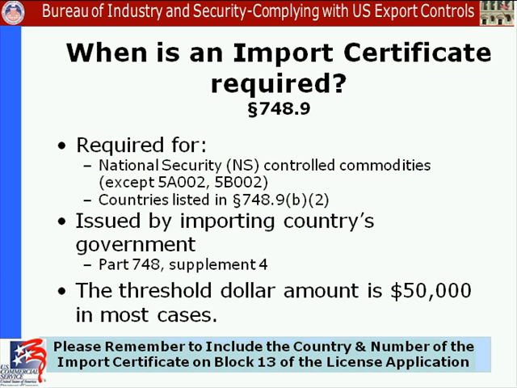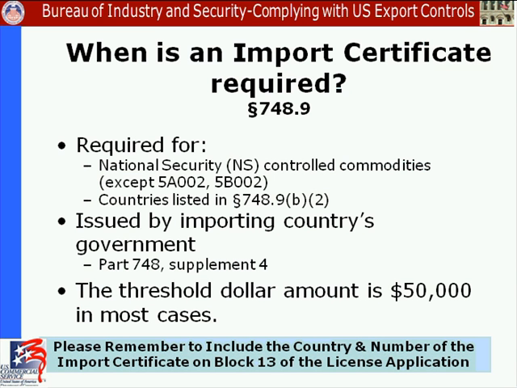And these are the countries that are participating with the U.S. government in this International Import Certificate program. Basically, the import certificate is a way that government, as well as the U.S. government, is verifying exactly who is using this item, where they're located, and what they're going to do with it. Again, that's important because, remember, the item in question is controlled for national security reasons.